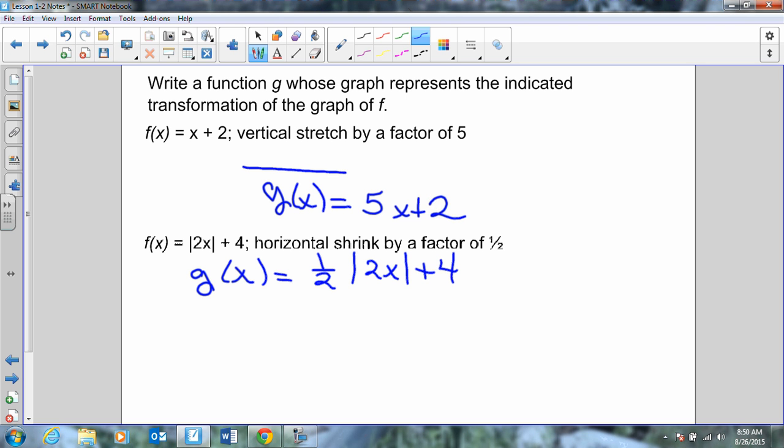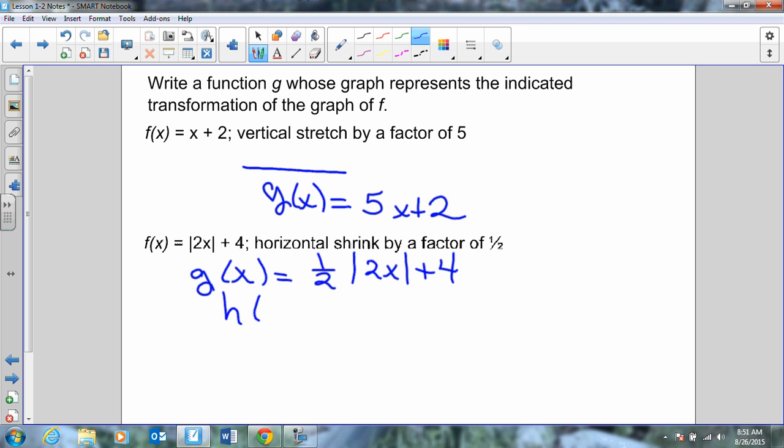Anybody else have that? Good. Anybody have something different? Horizontal shrink. What else could it be? We know we have to have A, right? We tried it on the outside. Where else could we put it? On the inside. Let's see which one's right.